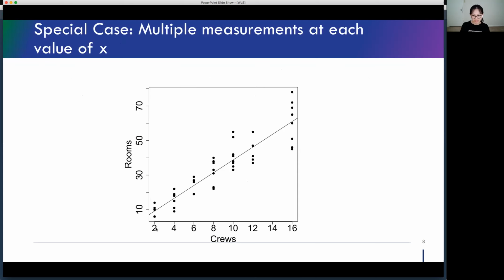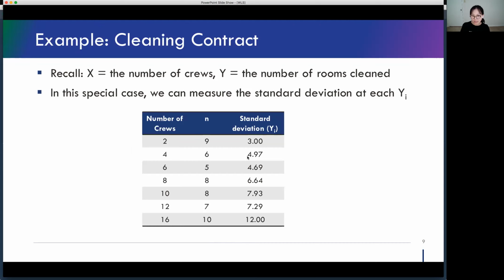I should say at each x value we can get the variance or the standard deviation for this group of points, and also when the number of crews equals 4, we can get the corresponding standard deviation or variance for this group of data points, etc. Now we can get this table here for each distinct number of crews, with the total number of points for this value.